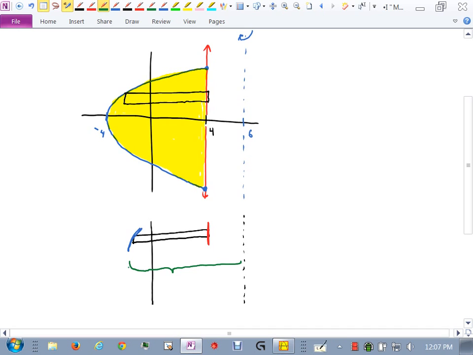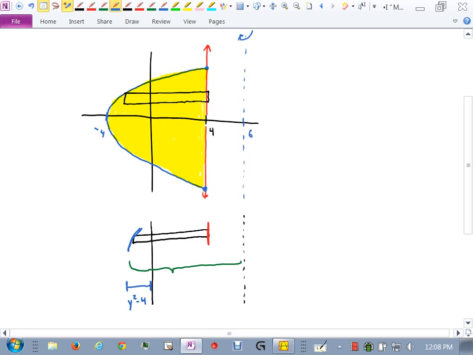Okay, y squared minus 4 is the blue function, right? Y squared minus 4 gives you this distance from the y-axis to there. That right there is y squared minus 4, because y squared minus 4 gives you your x coordinate. So it gives you this x value, which is really the distance from 0. So just this little piece from here to here is y squared minus 4.